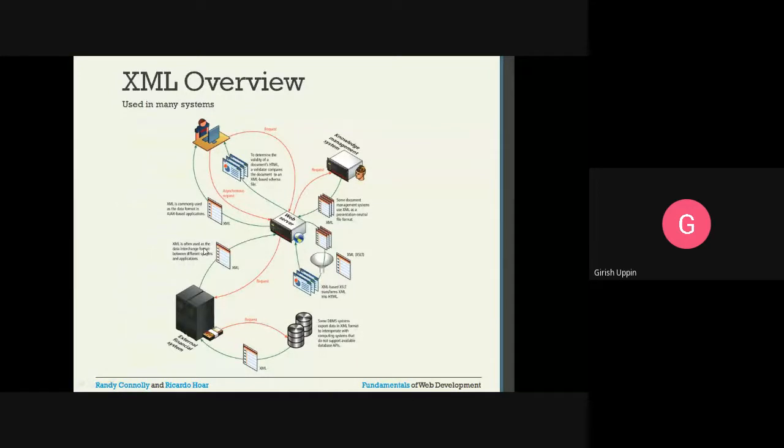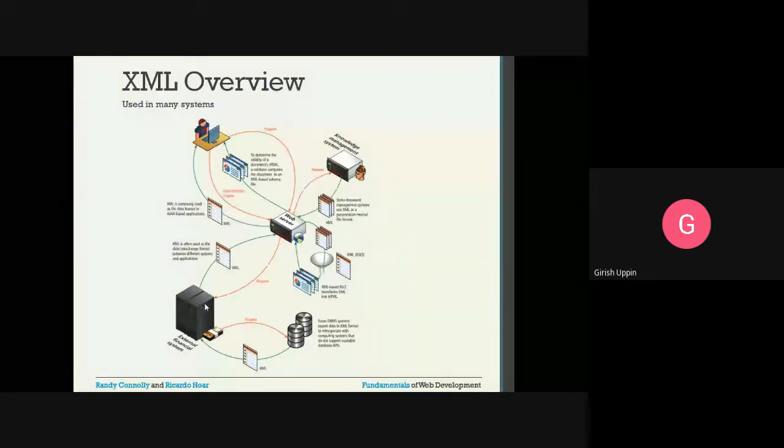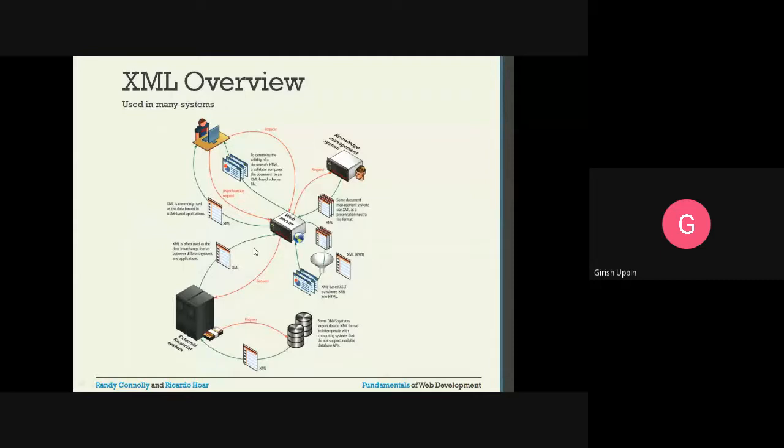XML is often used as the data interchange format between different systems and applications. This external financial system is a totally different system, a different framework or platform, whatever that difference could be, and the web server and that external system can talk using XML.